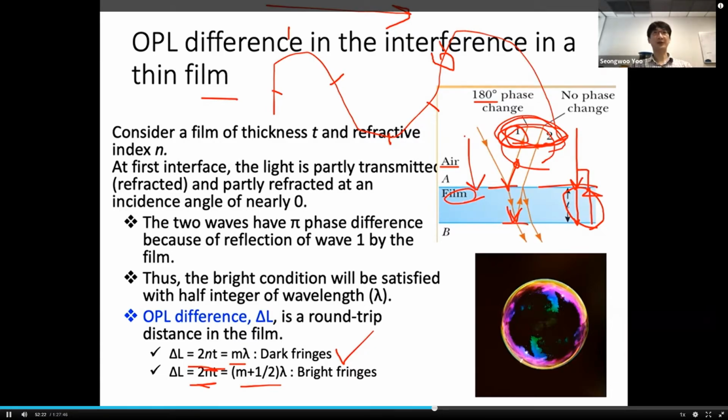This is a good question. Interference requires the coherency of the two waves, and the coherency can be very well maintained if the optical path length difference is very, very small.